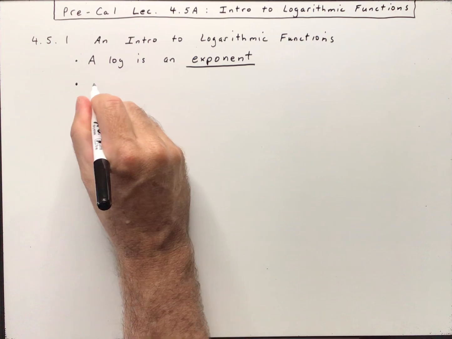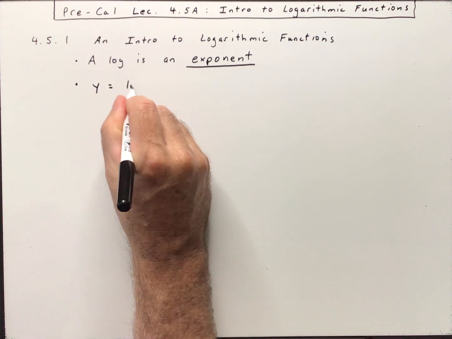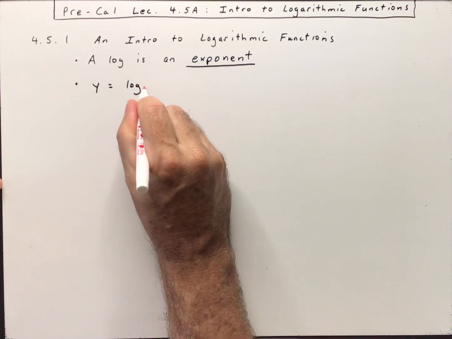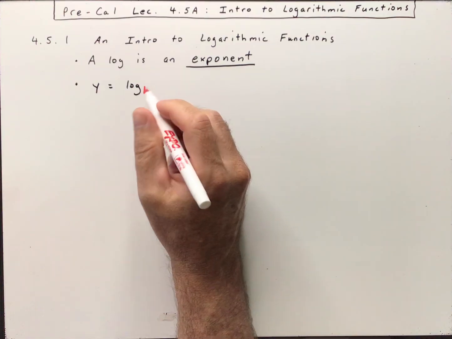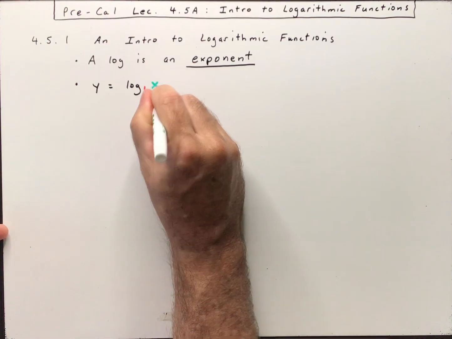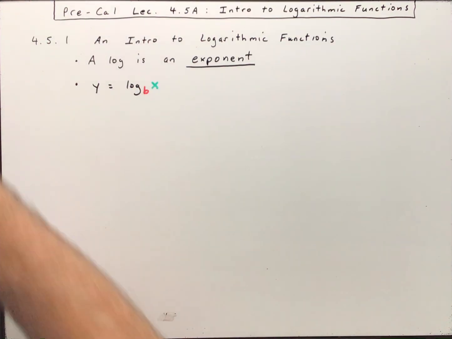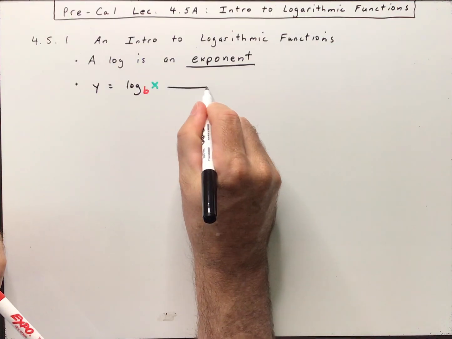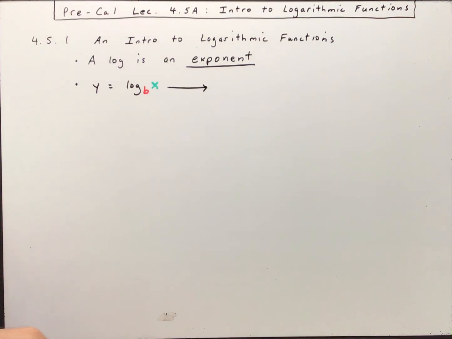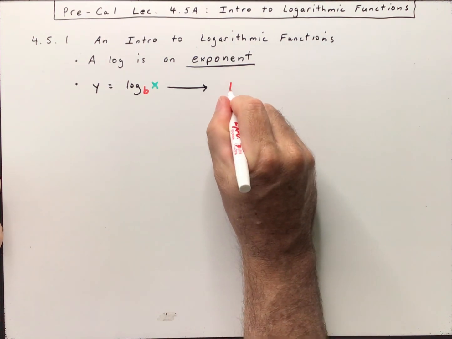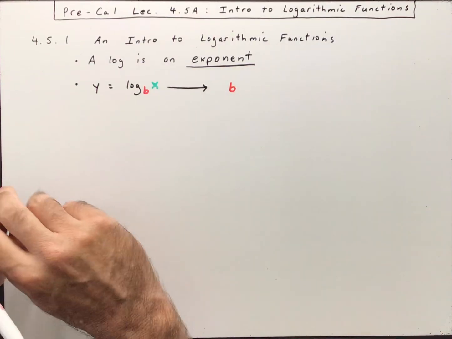So if we have y equals log to the base b of x, that is equivalent to, that's the same thing as b, the base, to the y power.